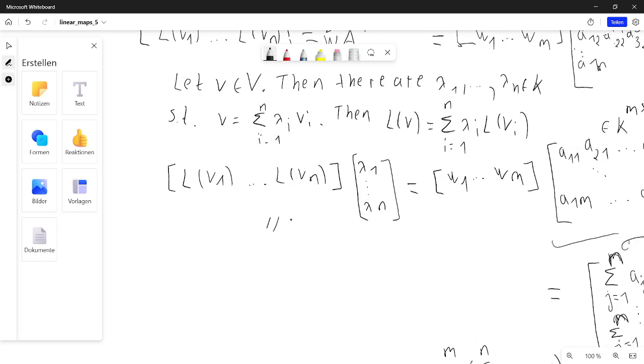So if we put it like that, we induce linearity. And what arises here is that. And of course, it's actually a matrix.